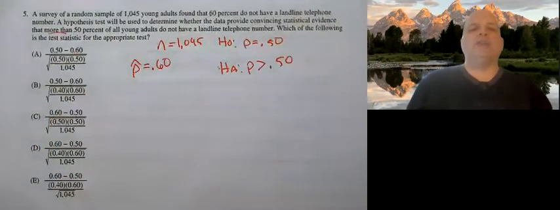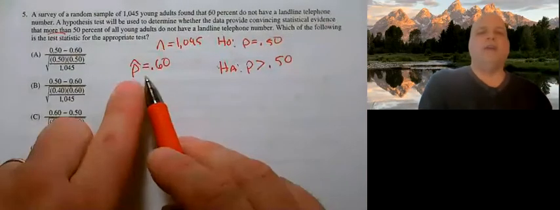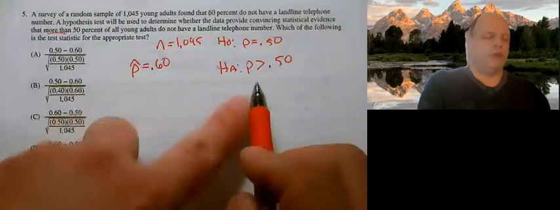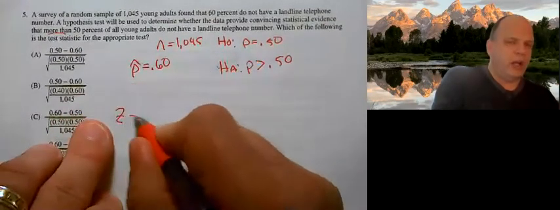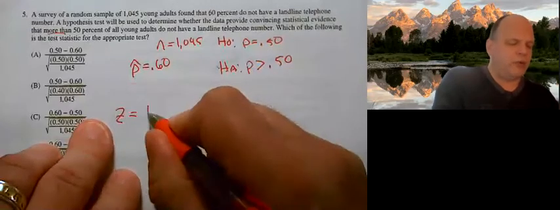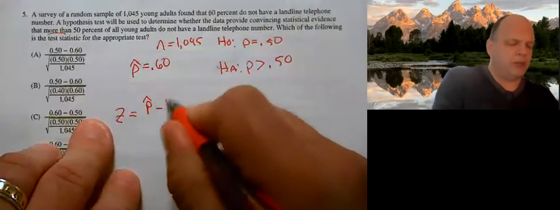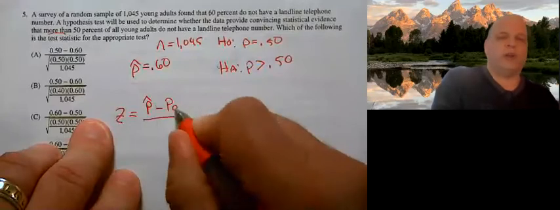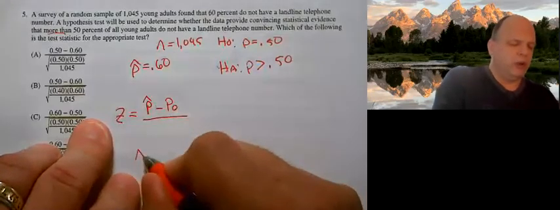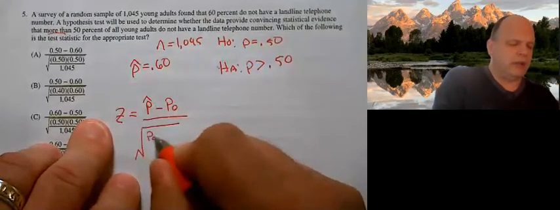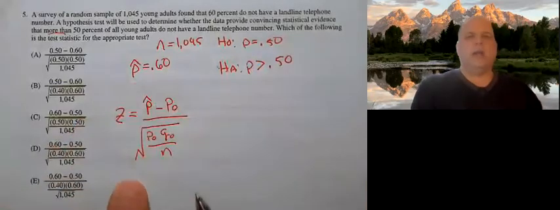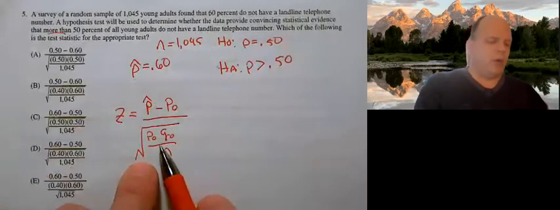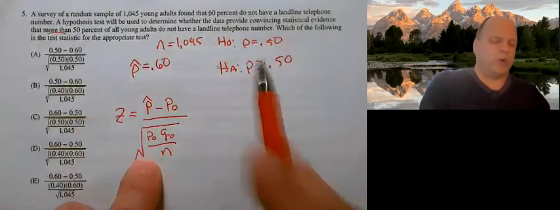Which of the following is a test statistic for the appropriate test? Well, first off, every time we're working with proportions, which we obviously are here, we're working with a z-test, and our formula is z equals p hat minus p naught, where this goes for the null hypothesis, over the square root of p naught, q naught, over n. Okay? So this would be for a hypothesis test, which is what we're running.